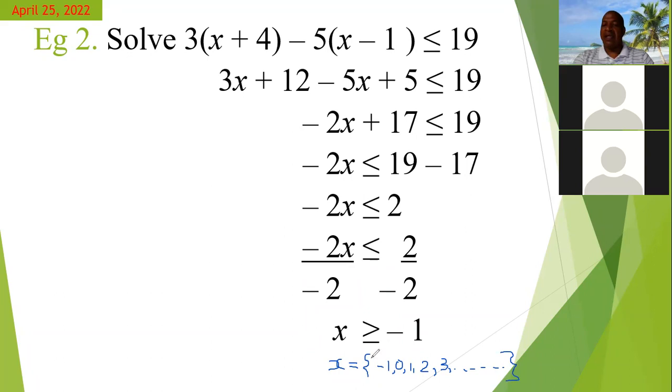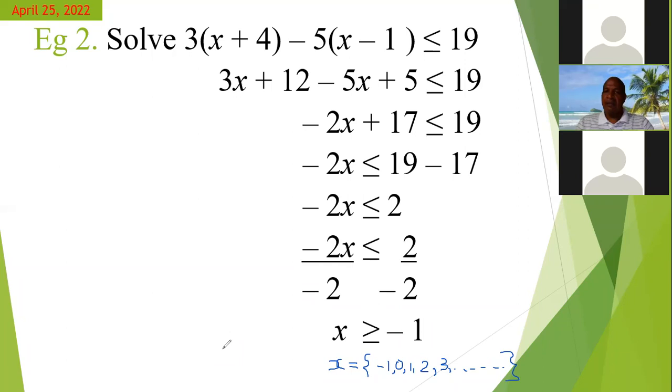And so these are the set of values which satisfy the solution for x. So there's no one value here which is the solution for x. There's a number of values that will satisfy the solution. Is that clear, guys? Raise your hand if you understand. If you're not clear, let me know.